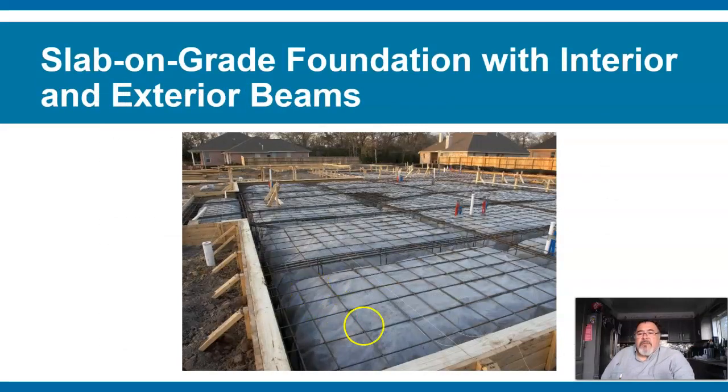So here's what you can see. You've got this slab on grade foundation with interior and exterior beams. See, these are the beams going, the little channels. But here you've got on top of the plastic, you've got the wire right above the plastic. So this is like a 6-inch slab, except all the exterior, that's a beam all the way around.